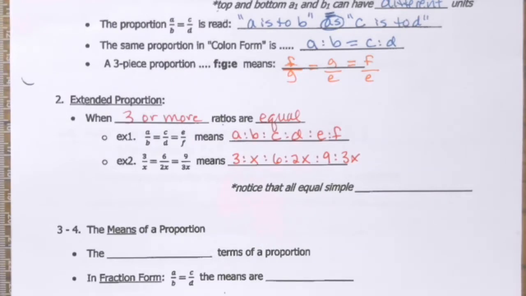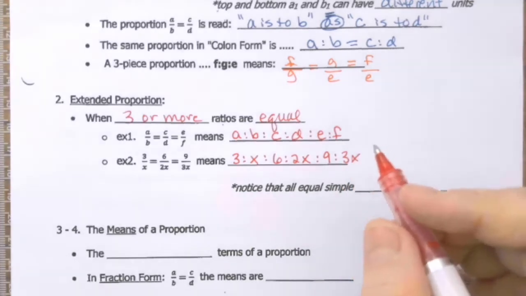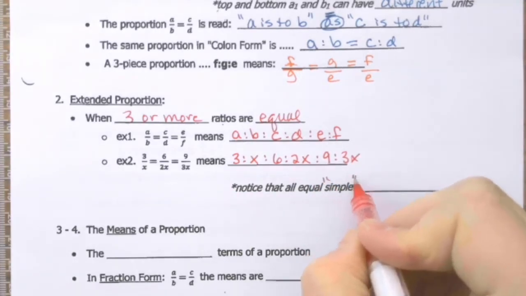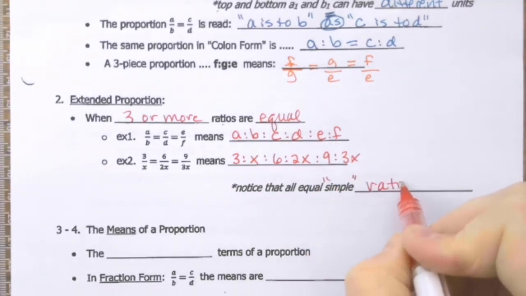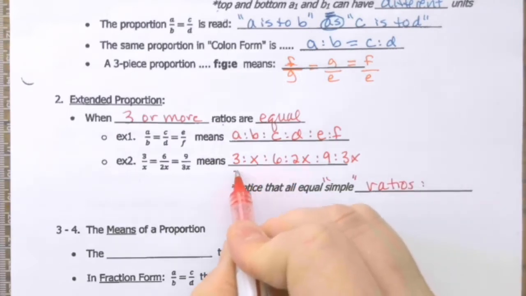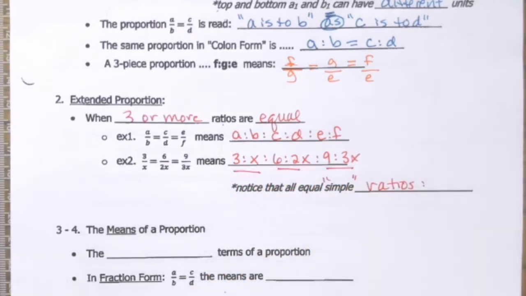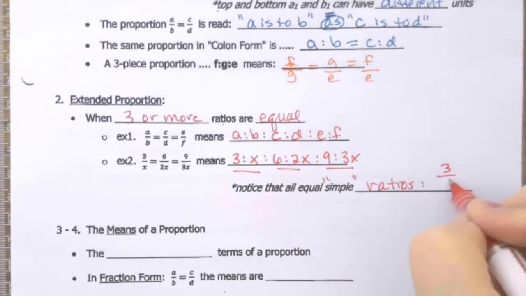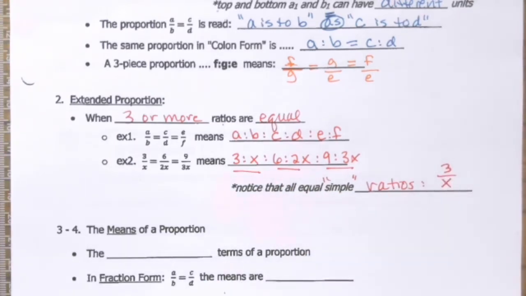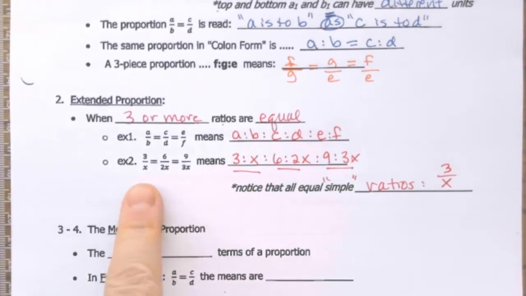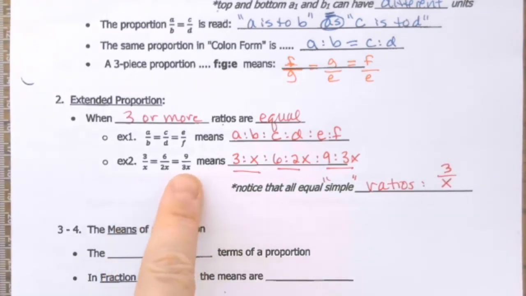So notice that all of these equal what we call simple ratios. These three, 1, 2, 3, these second two will reduce to 3 over x. They are all equivalent to each other. So 3 possible equations come out of this.